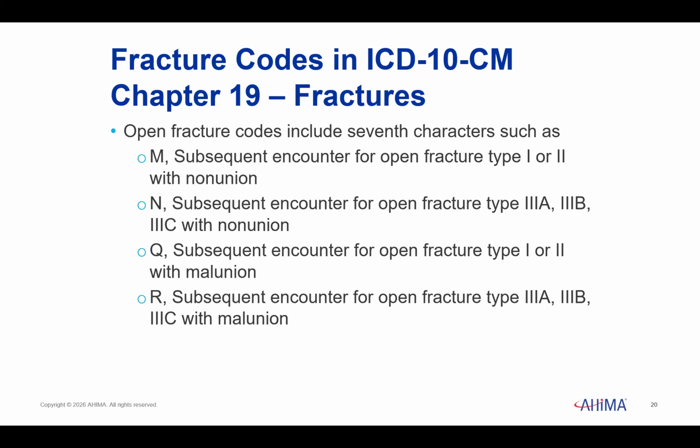Q, subsequent encounter for open fracture type 1 or type 2 with malunion. And R, so very important to get these things right. Thankfully, there's a section in your book where, when you see that a seventh character is required, you'll see what's on this slide repeated, and then you just have to apply it correctly.